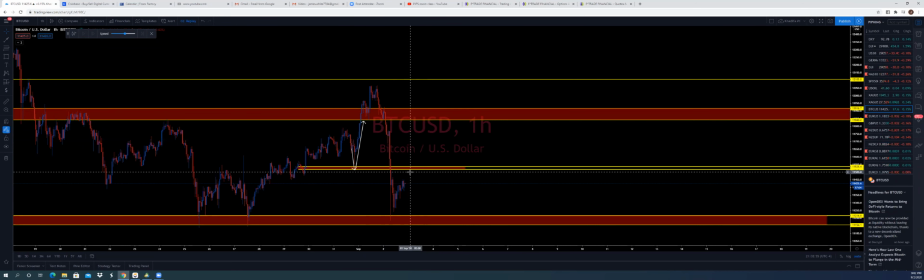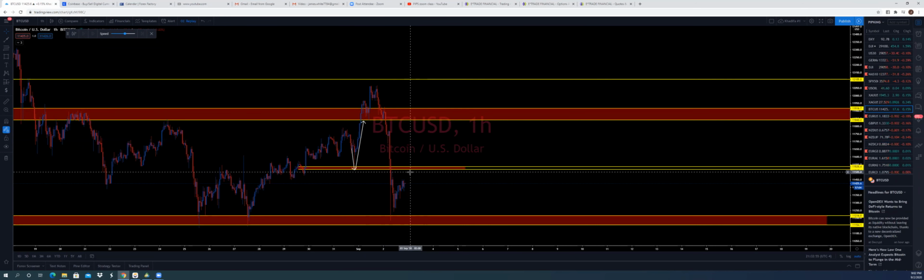How we got all those plays off of that structure for Bitcoin. So I'm almost certain that we're gonna get a big reaction off of this price level in this structure right here.